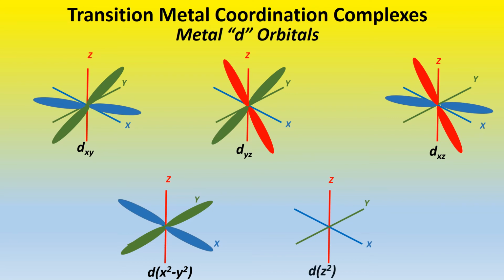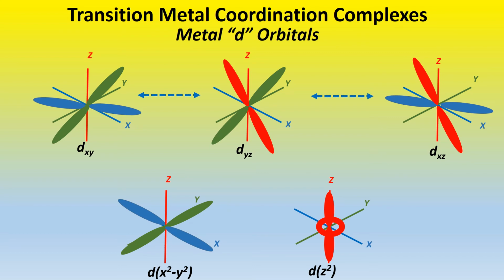It's the dz squared, where you have a figure 8 on the z-axis with a little donut around it. This is what the orbitals look like. What they managed to do geometrically is form 2 sets. You may notice a relationship between dxy, dyz, and dxz.